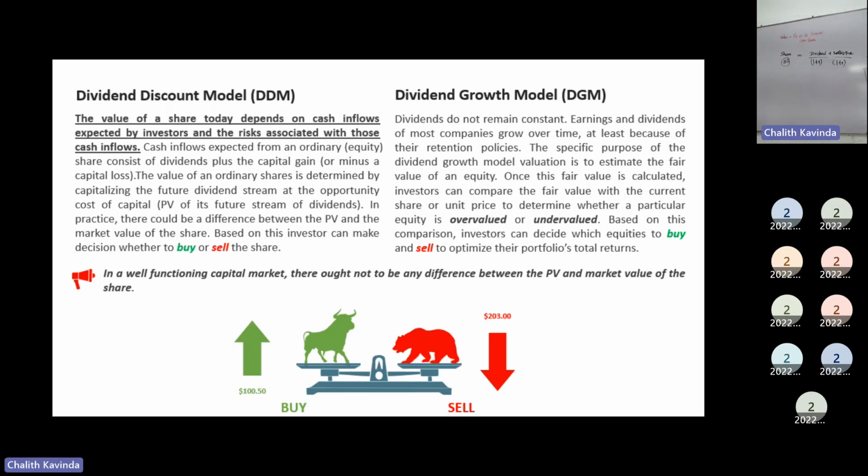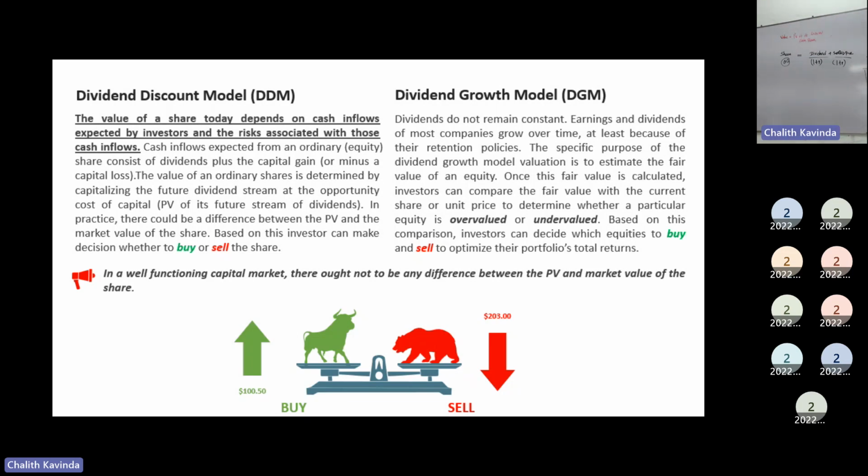The specific purpose of the dividend growth model valuation is to estimate the fair value of the equity. Another name for present value is fair value. Once this fair value is calculated, the investor can compare it with the current share price to determine whether the share is undervalued or overvalued.